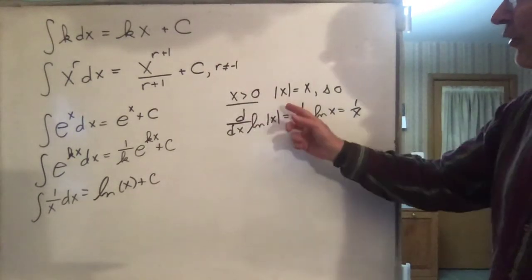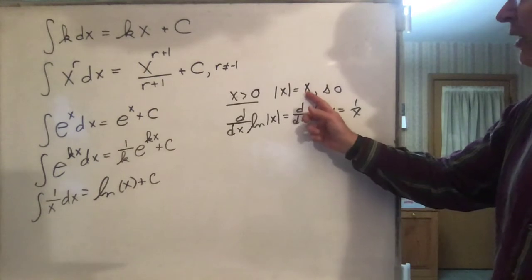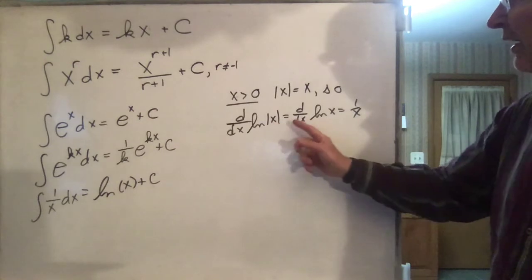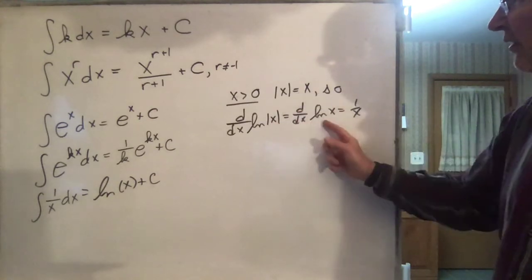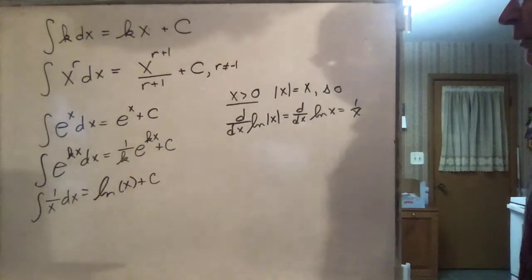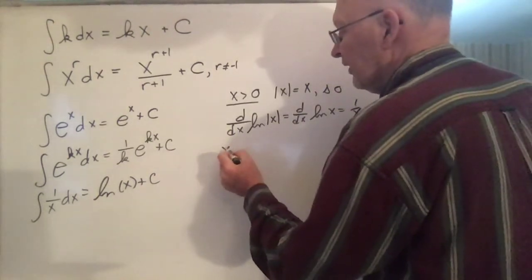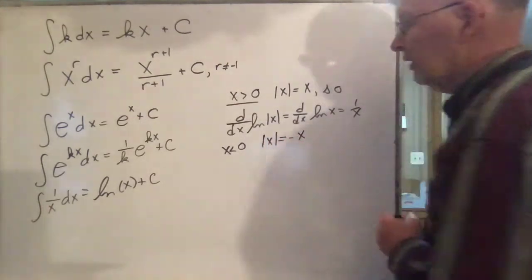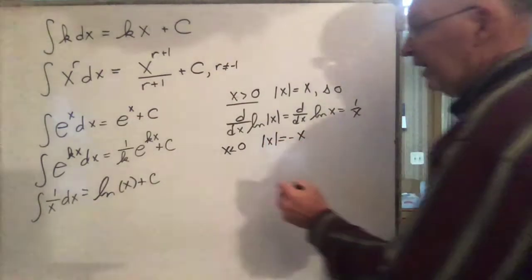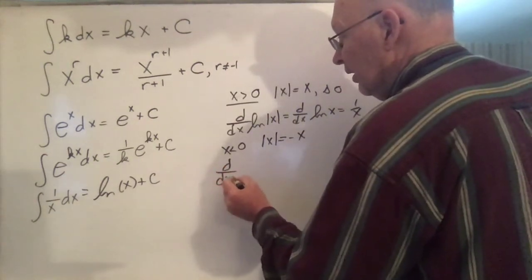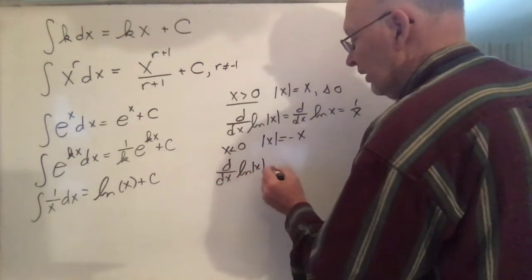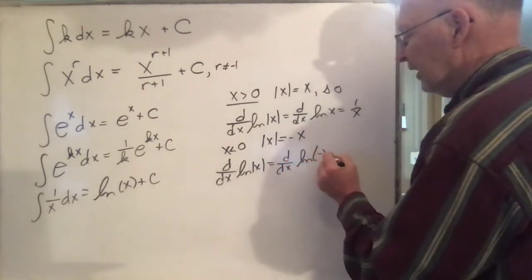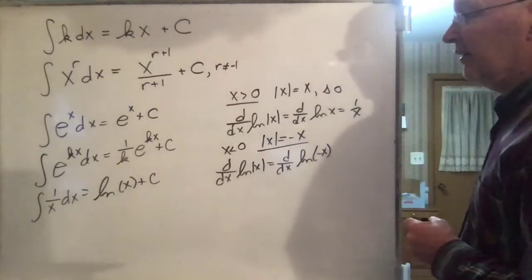If x is greater than 0, then the absolute value of x is equal to x. So the derivative of the ln of absolute value of x is equal to the derivative of the ln of x that's positive, which is just equal to 1 over x. On the other hand, if x is less than 0, then we know if anything is less than 0, the absolute value of it is the opposite of that number. So in that case, the derivative of the ln of the absolute value of x is equal to the derivative of the ln of negative x, if x is negative.